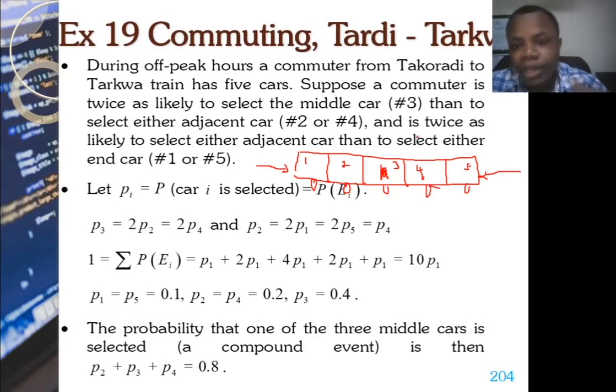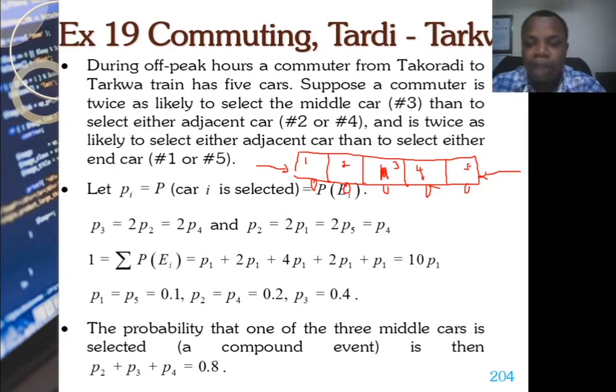Now, he is also twice as likely to select the adjacent cars than to select either car 1 or car 5.